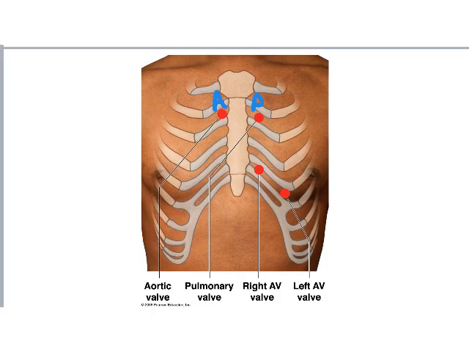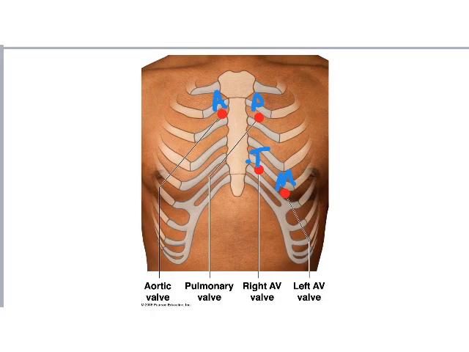I'm going to label this lower dot next to the sternal edge on the left, T, because that is where we listen for the tricuspid valve. And then this last dot, which is in between the 5th and 6th rib and just medial to the nipple, I'm going to call that M, because that's where we listen for the mitral valve.